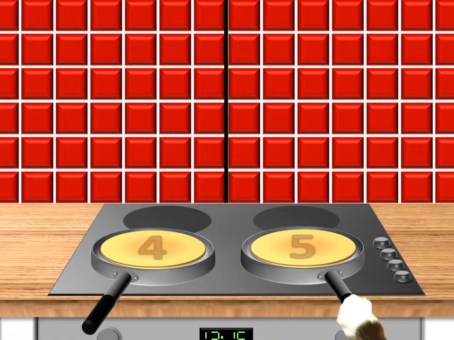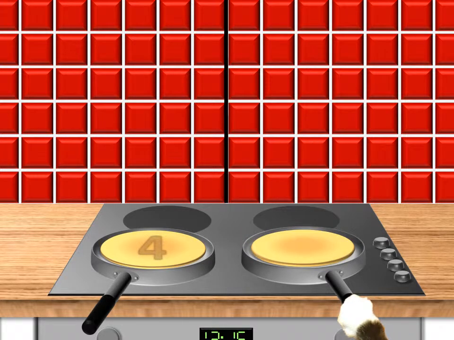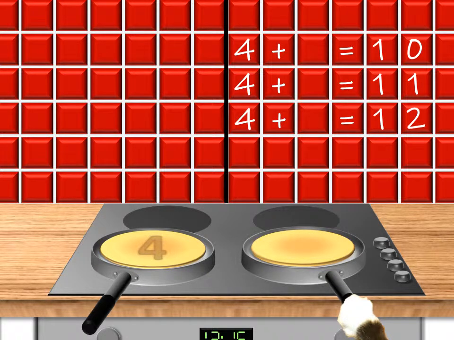What possible numbers then could be on the back of this right-hand pancake? Let's consider all the remaining totals we need to find. 10, 11 and 12. In this case, 4 add what would give us each of these totals?